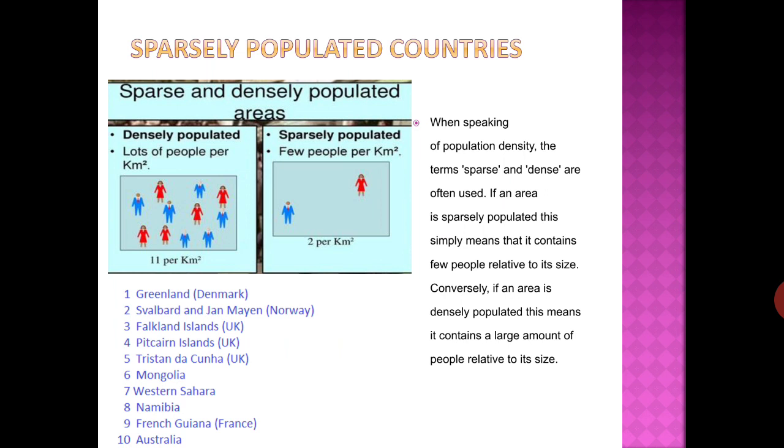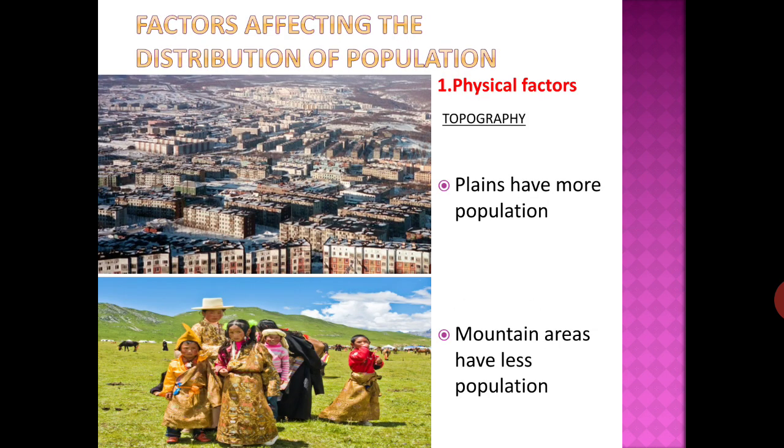And the polar region, because of the very cold climate, below 0 degrees, it becomes a tough situation to survive in the polar region. So very few people are living there.